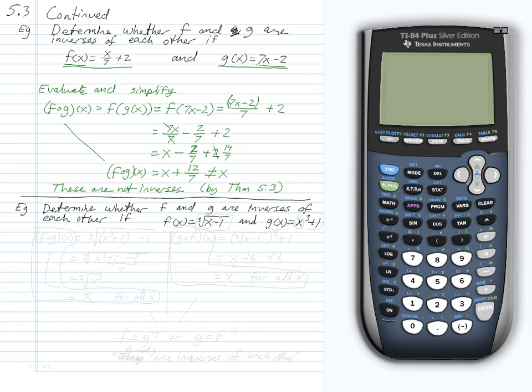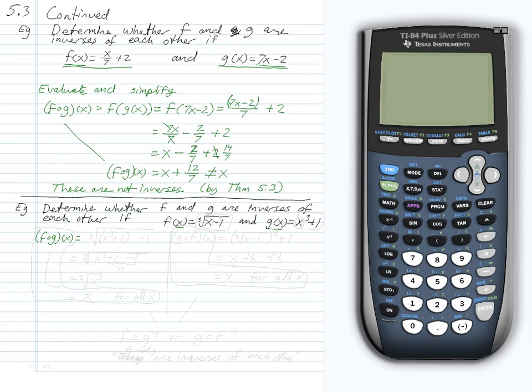Alright, let's look at one more of this type of problem. Determine if two functions are inverses. So, we'll look first at f composed with g of x. That means we're going to plug g into f. Now I'll start going a little more quickly.